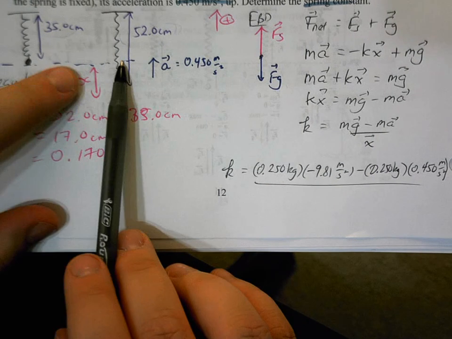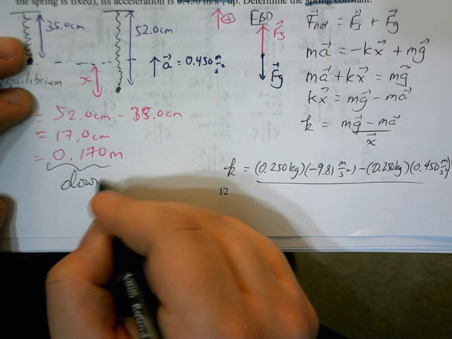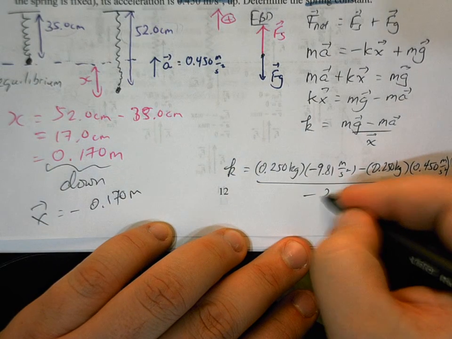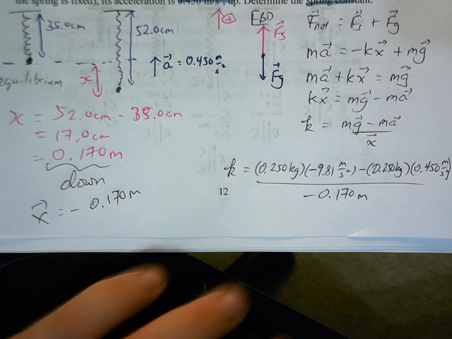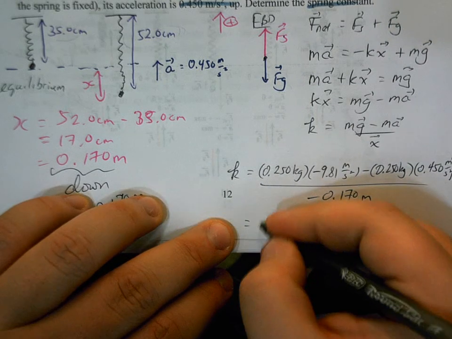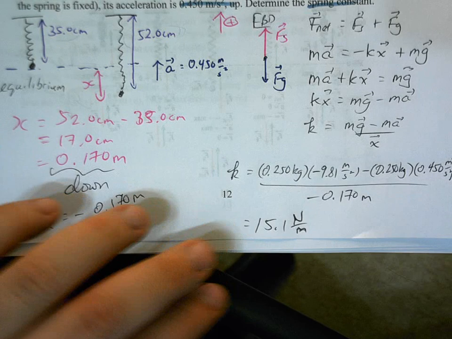We've stretched this thing downwards, so we have to put in negative 0.170 meters. That's really important. If we forget that, we get a k value that's negative, which doesn't make any sense. So we've got negative 9.81, minus 0.450, divided by negative 0.17, and we get about 15.1 newtons per meter. That's the spring constant for this spring.